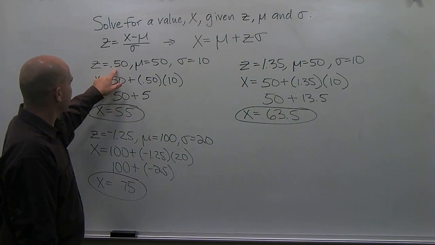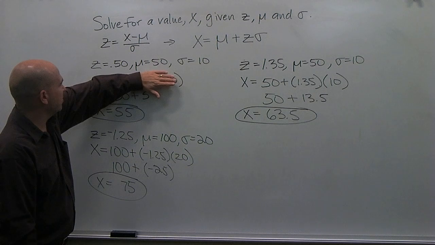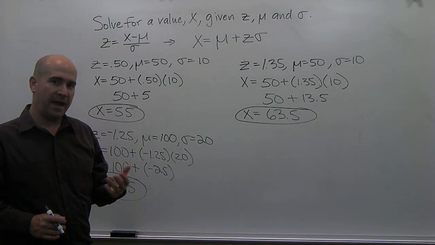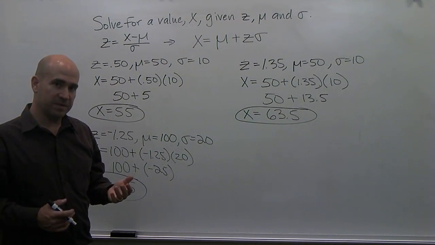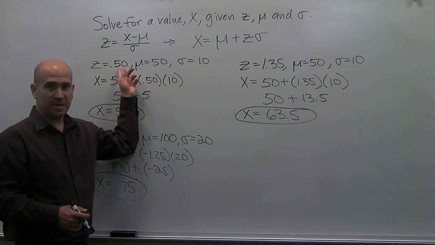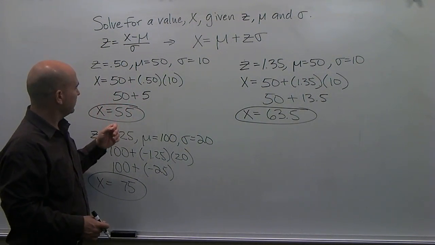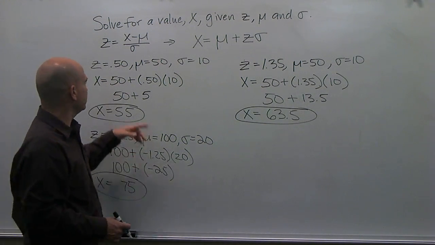Well, this tells us that the score, whatever it may be, at this point we didn't know, we were going to solve for x here, that x is 1/2 of a standard deviation above the mean. And it's above the mean because the z is positive.